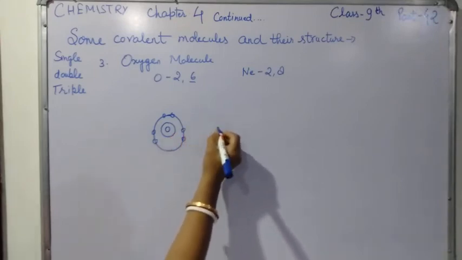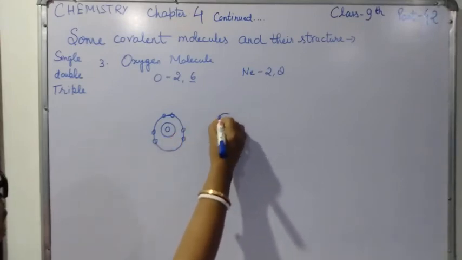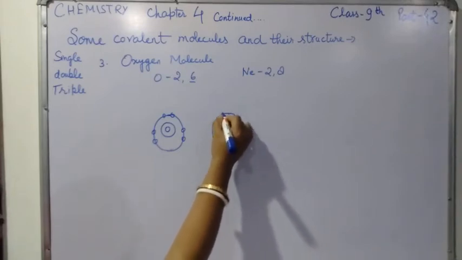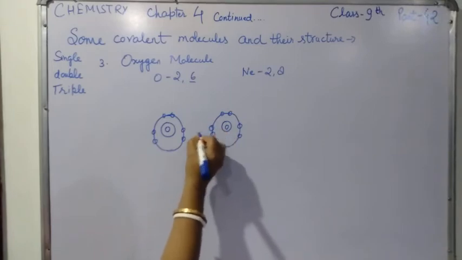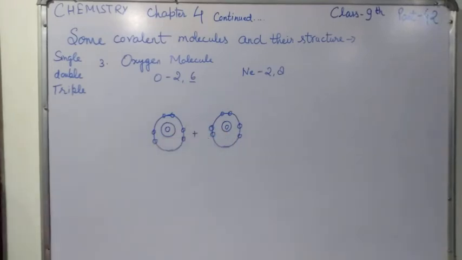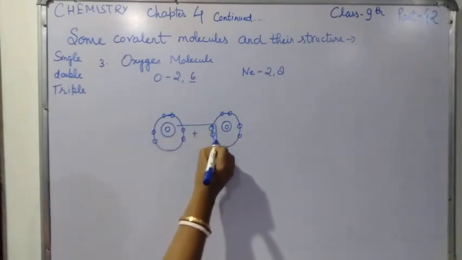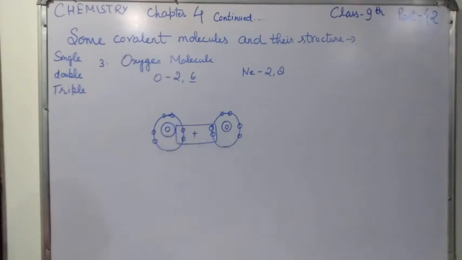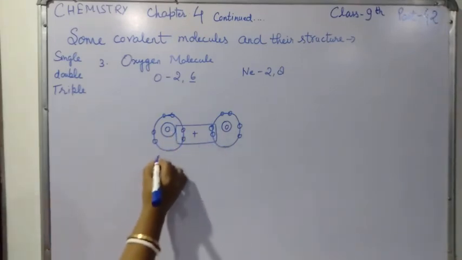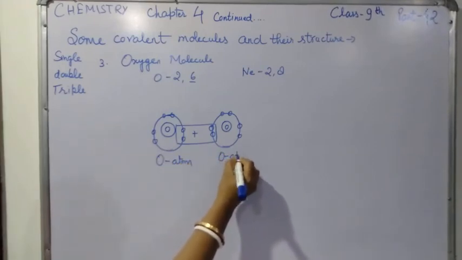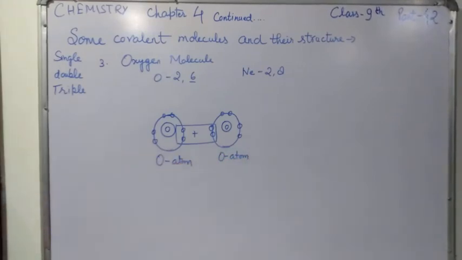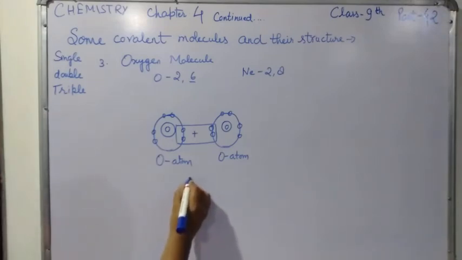One more oxygen atom also has 6 electrons in its outermost shell. When they combine with each other, they share 2 electrons each. This is an oxygen atom, and this is also an oxygen atom, and after combination their structure will be like this.